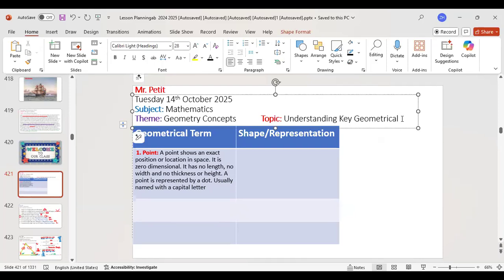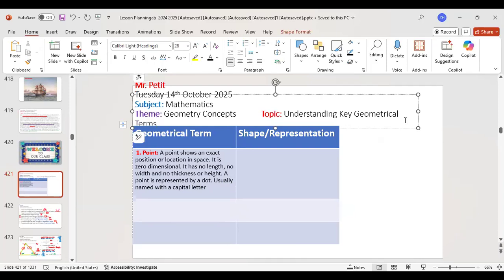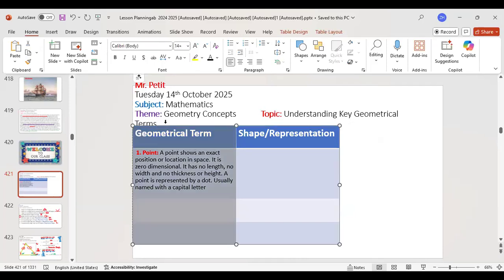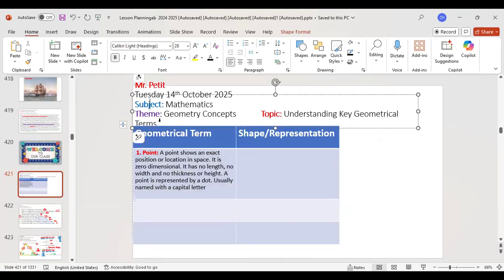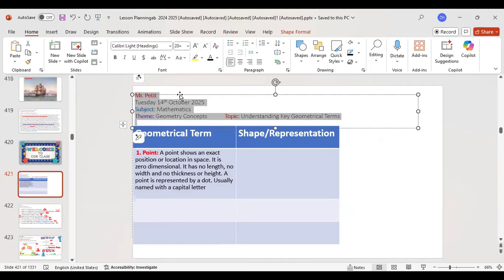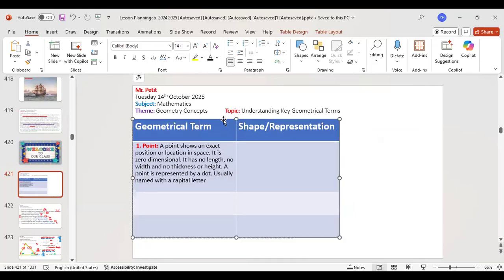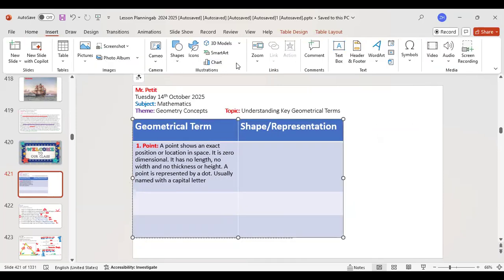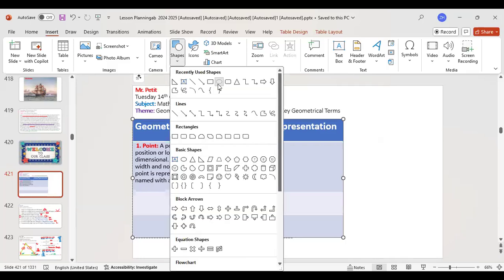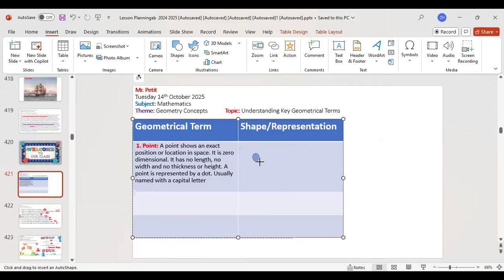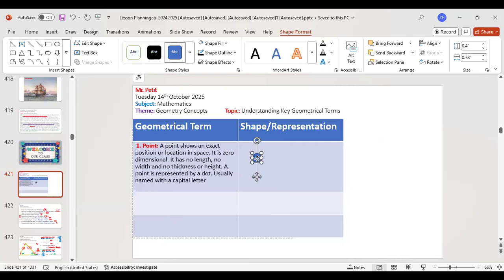Understanding key geometrical terms. Very good. All right, so if I want to represent a point, I would have this dot. And again, a point is just a location, it just shows the location of something.